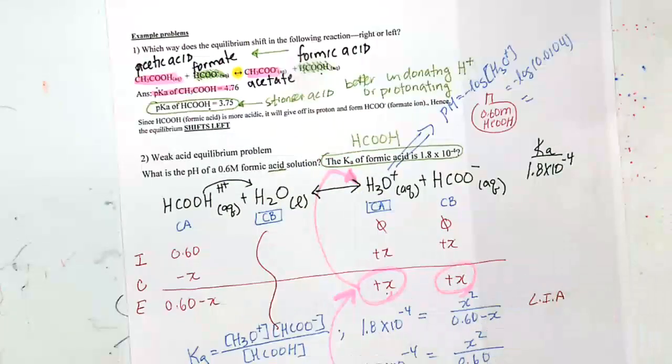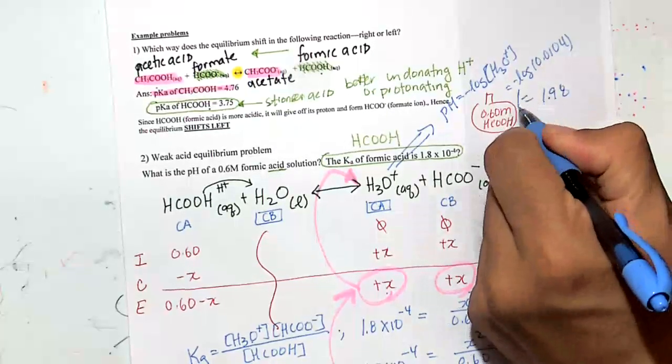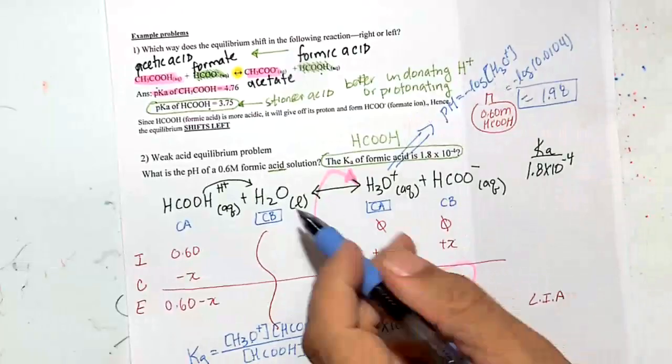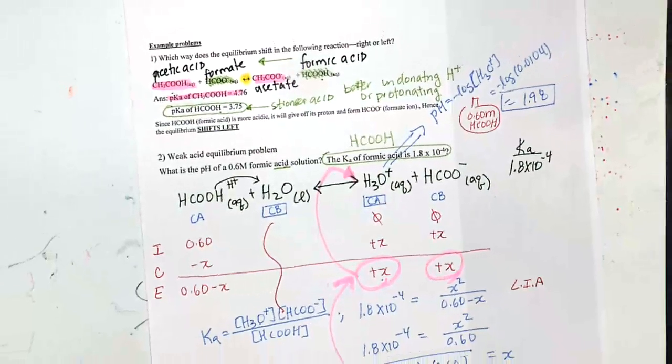And what did you guys get with that? Minus the log of 0.0104, about 1.98. Okay, so that's an acidic pH, and formic acid is an acid, so we would expect the pH to be below 7.